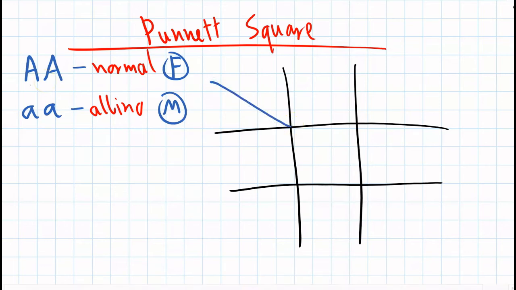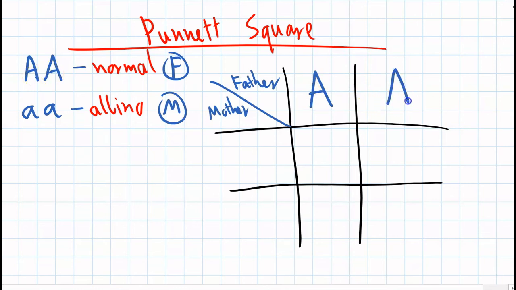So at the top, we've got the father, and in the column on the side, we've got the mother. And we write the possible alleles at the top. So he can either make a big A allele or another big A allele in his gametes. And for the mother, she can only ever have a small a allele in her gametes, in her egg cells.